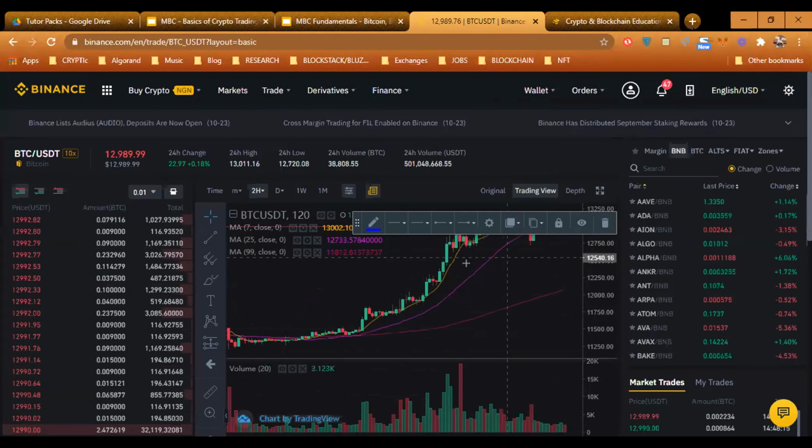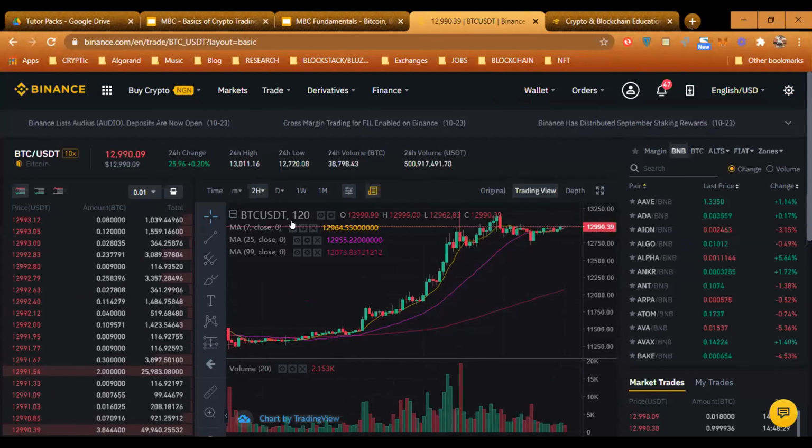Okay. Where do I want to get this? I can draw a trend line from here to here. Since this is live, I'm done with that one. I can draw a trend line from here to here, from here all the way to either here or here.